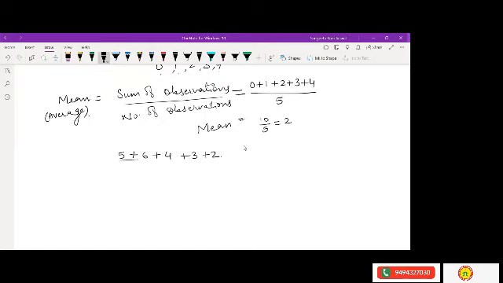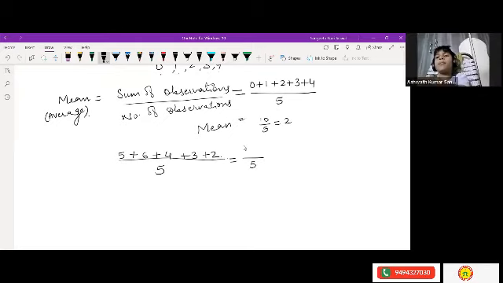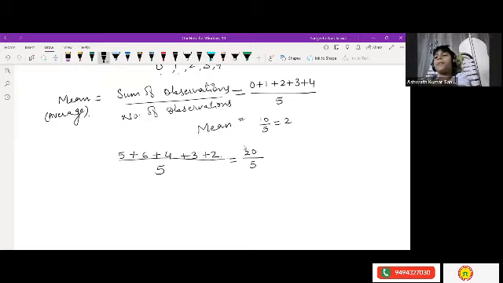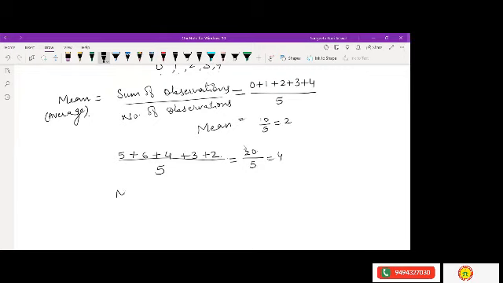So I will take the sum of observations upon number of observations. Number of observations means these are the marks of 5 children. So I'll just add them up. That is 20. Ma'am, the answer will be 4. So 20 divided by 5 is 4. So that means the mean is 4.